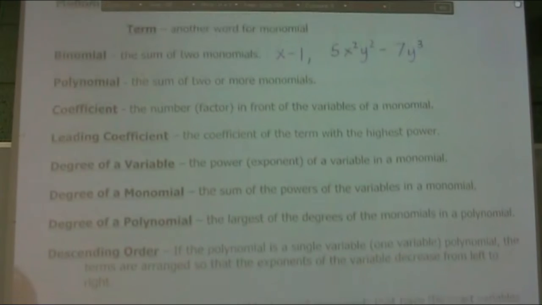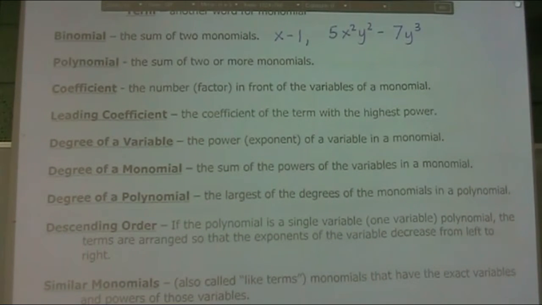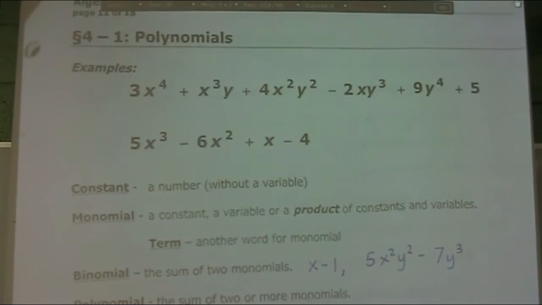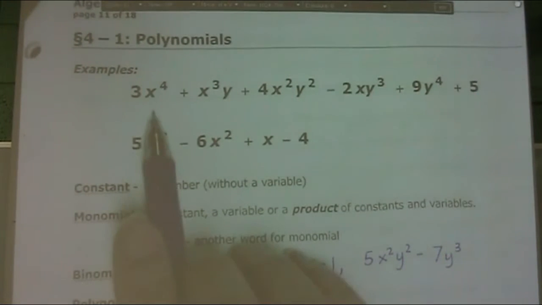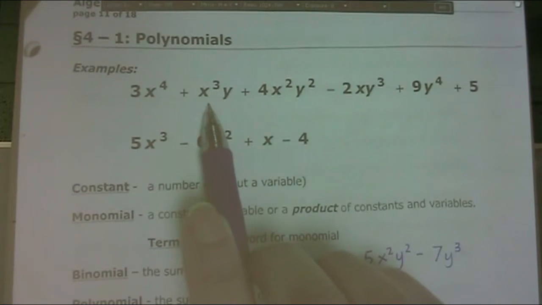Next, we have degree of a variable. And this is the power or exponent of a variable in a monomial. So the degree is just the power. So if we go back to our sample polynomials, right here the degree of x is 4. Here, the degree of x is 3.